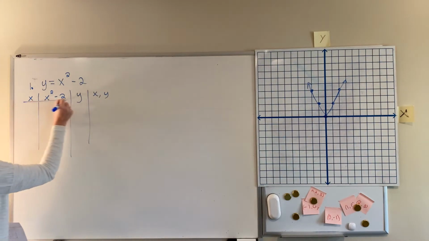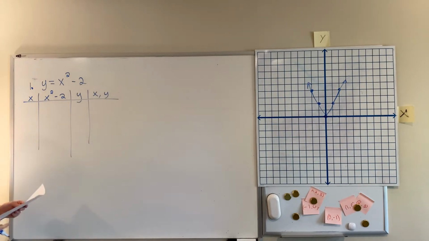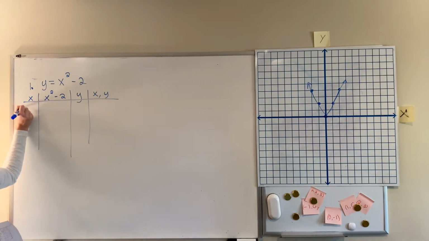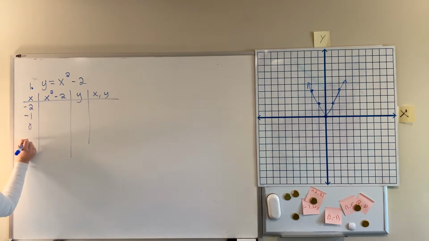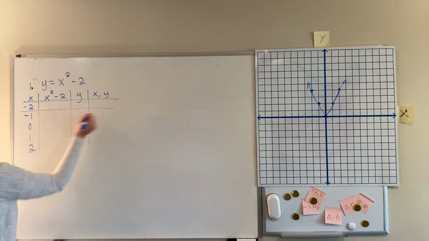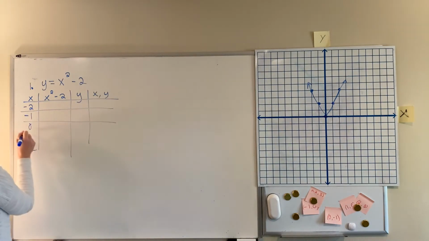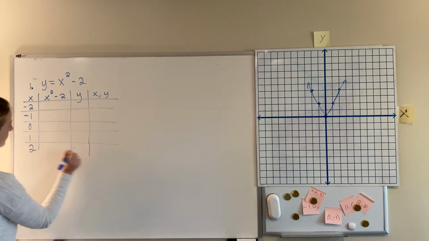Other thing to remember, every one of these requires 5 points. And they use the same numbers from before. -2, -1, 0, 1, 2. And we're just going to plug in our x values and see what we get for y.